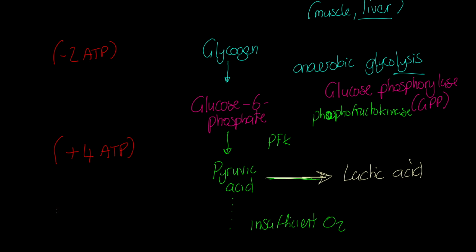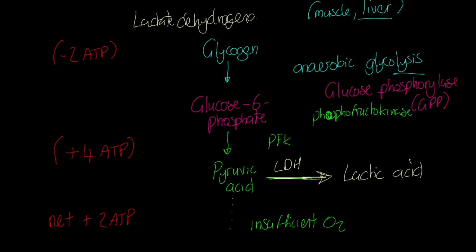So in that context, we have got a net plus 2 ATP for our system here. But this lactic acid, which by the way has been worked on by another enzyme called LDH, and I'll write that up here, lactate dehydrogenase, hard to say that and write it at the same time, lactate dehydrogenase.